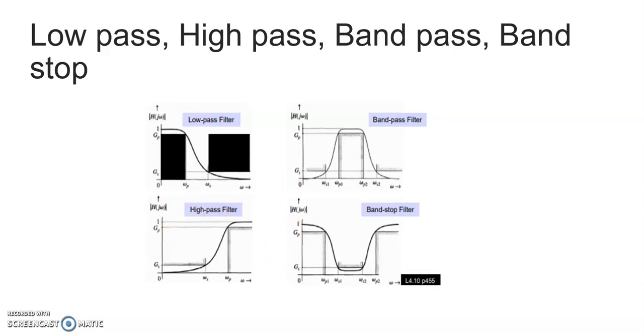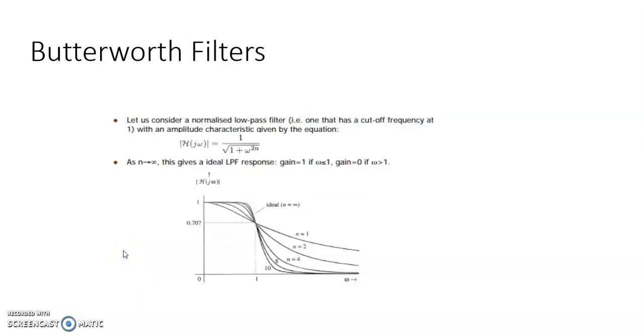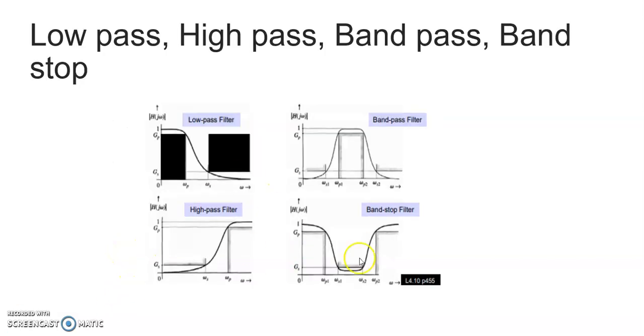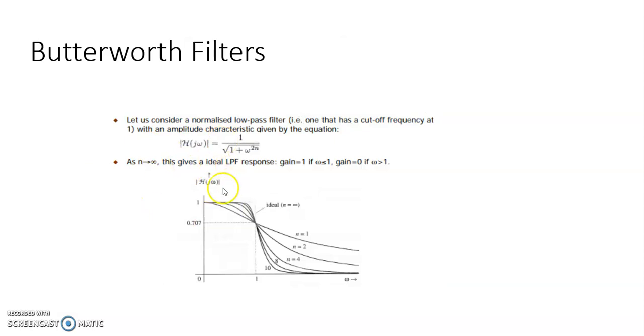Similarly, next is the Butterworth filter. These first 4 types of filters are in your module 3, and this filter you will find in your second last or last module, that is the Butterworth filter. I thought of covering them together so that you can understand with respect to the band of the frequencies.